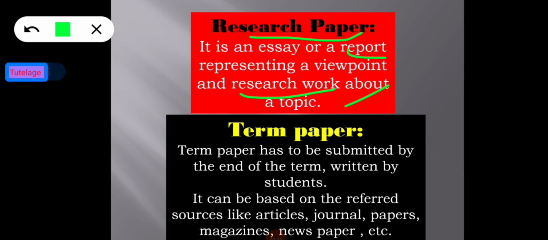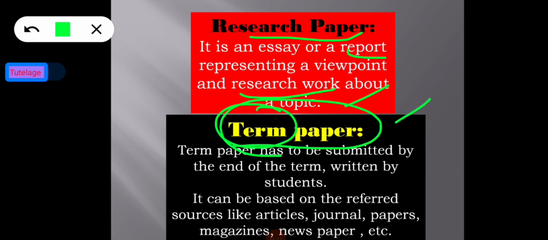The first form of research paper is the term paper. Do you know what we mean by a term paper? As the name suggests, it is based on the term. That means it has to be submitted by the end of the term. That's why this kind of research paper is called a term paper.